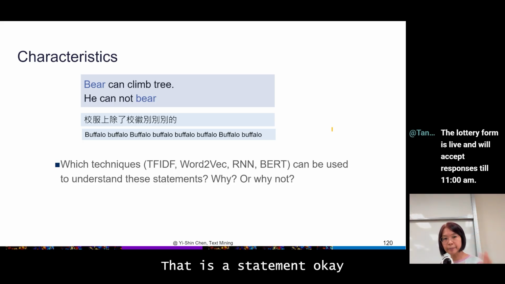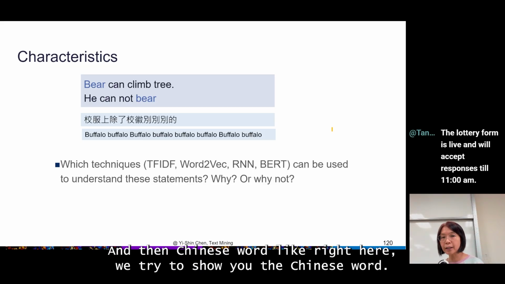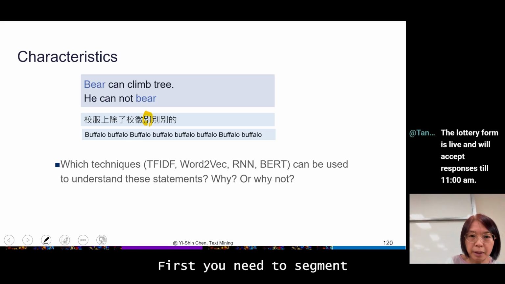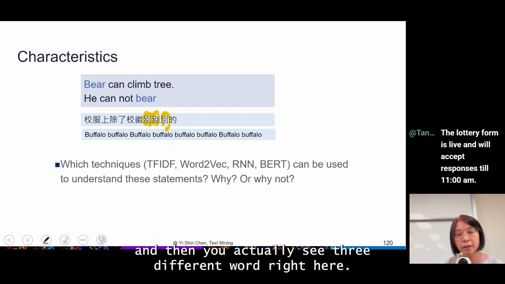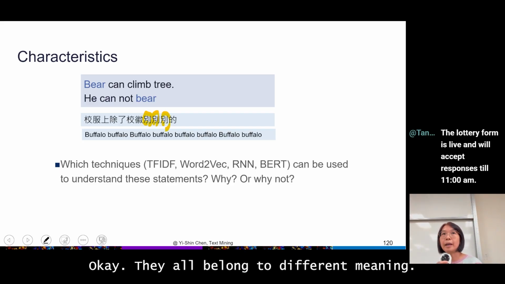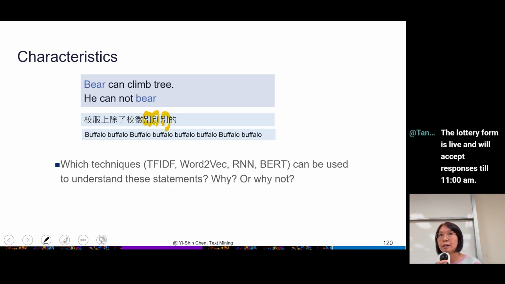That is a statement. There are different words. The bear can climb a tree, he cannot bear. And then Chinese words like right here. First you need to segment, and then you see three different words right here. They all belong to different meanings.